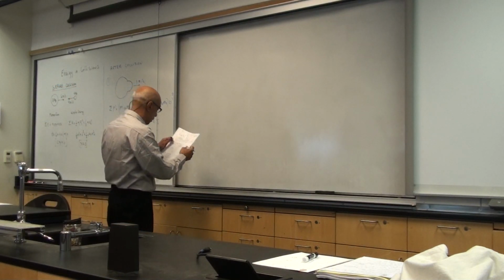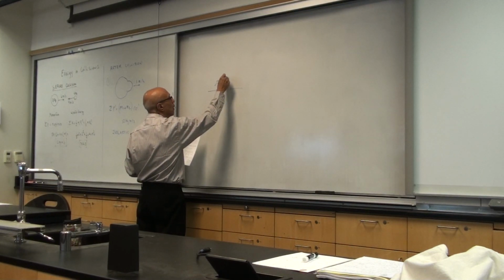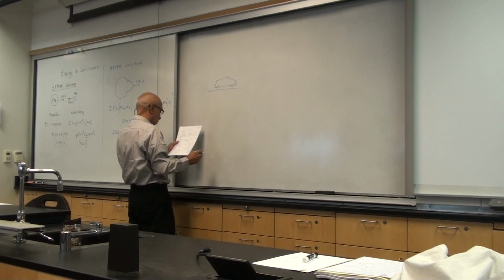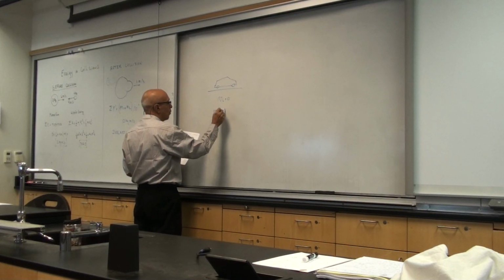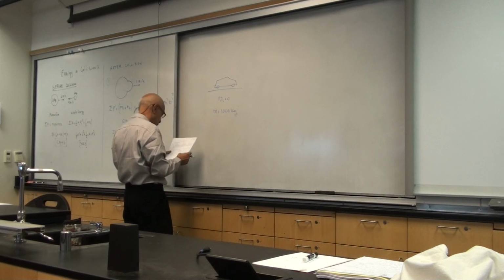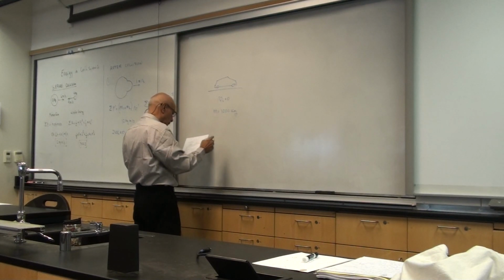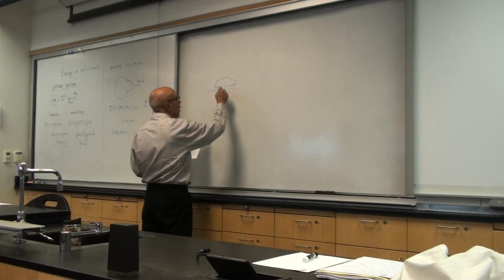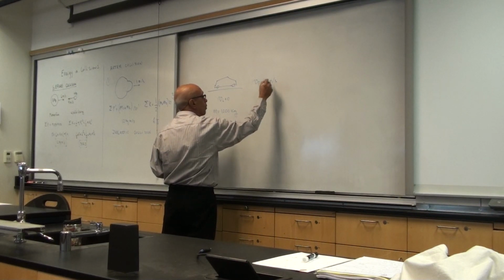We have a car. The car is initially at rest, has a mass of 1,000 kilos, and some energy is given to the car, and it goes to a final velocity of 5 meters per second.